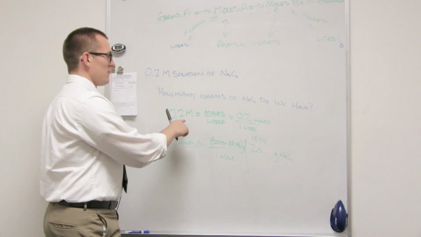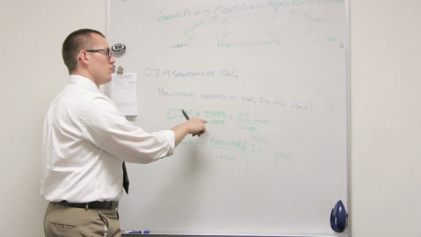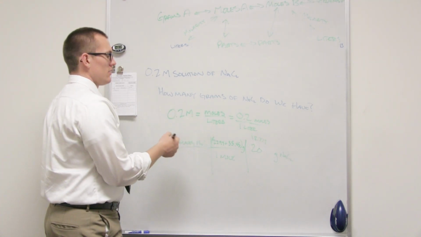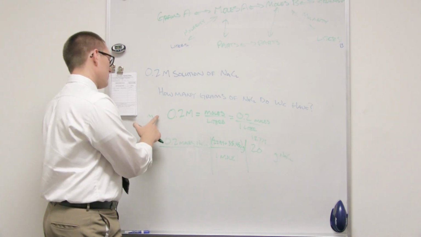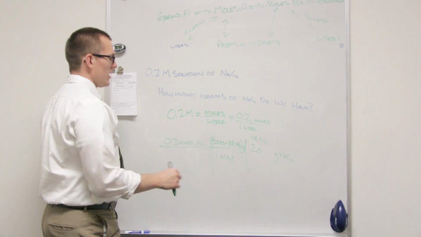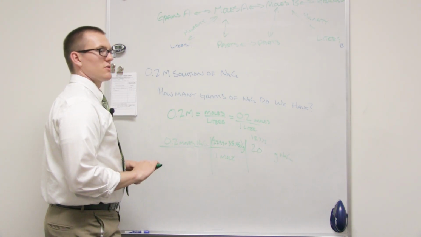So I just make molarity a big M, and then moles, I write out moles or MOL, and then I just do a little m for meters or milli or whatever. But it's whatever way you can remember that it's molarity.